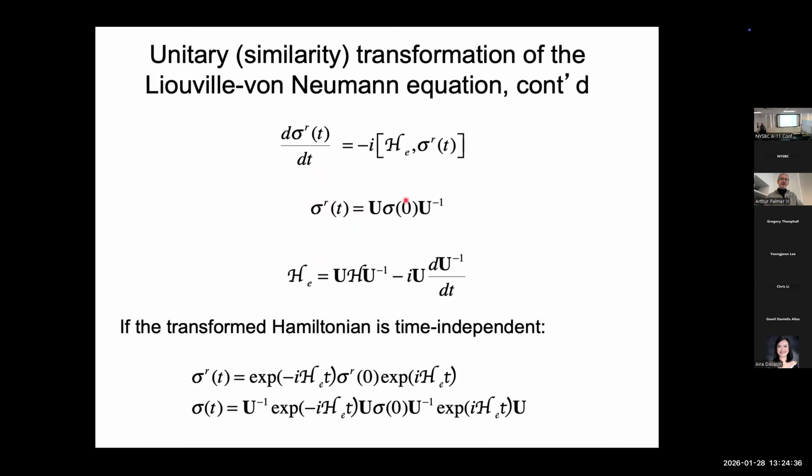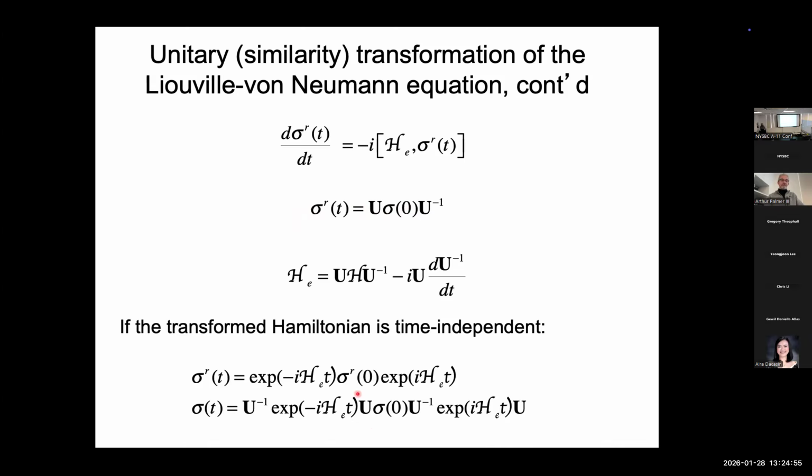This should be a T here. To get back to the original frame, I'm going to have to pre-multiply by U minus 1 and post-multiply by U. And then I'll be back in the original frame, assuming this was a T.